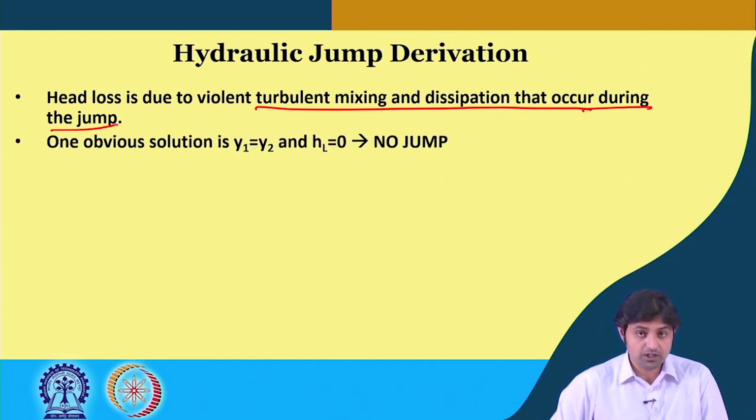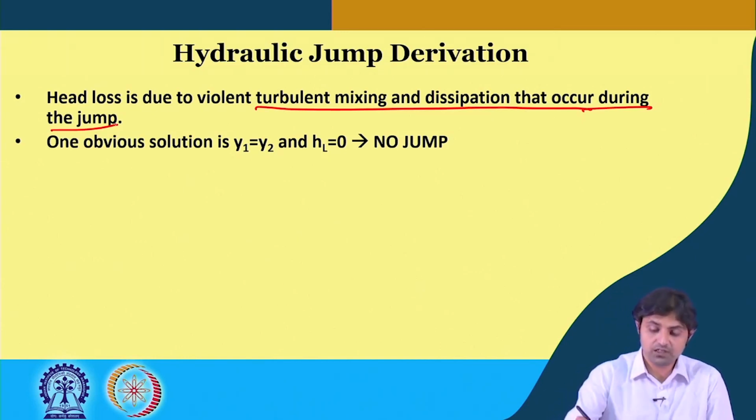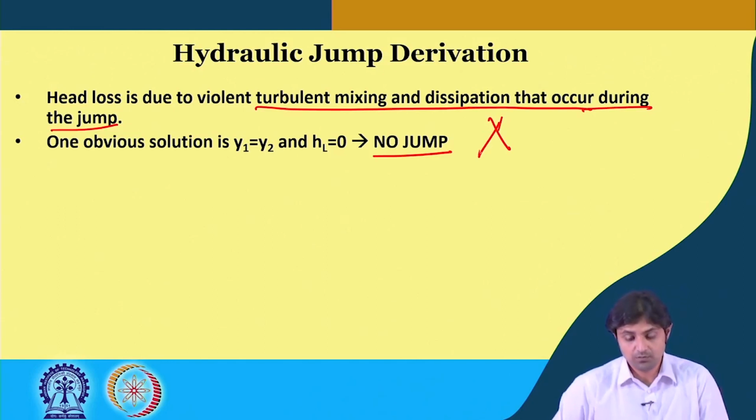For the equations written before, one of the obvious solutions is Y1 equal to Y2, but this implies that there is not going to be head loss, therefore implying that there is no jump. So, this is not an acceptable solution to us, because we are assuming that there is going to be a jump.